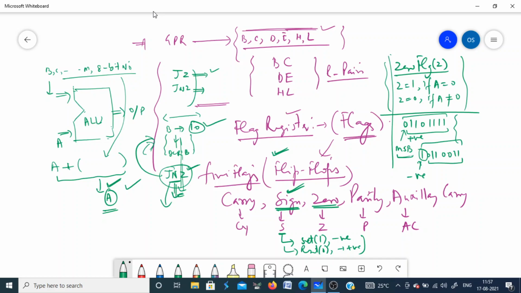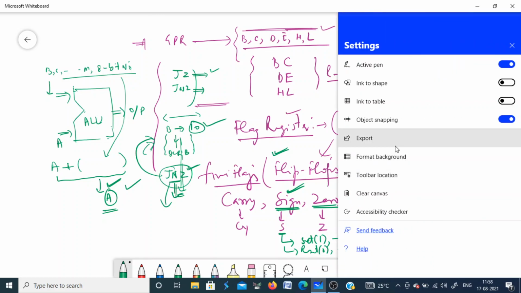But one more important application of this flag that I would like to discuss is when you compare two numbers. We have discussed the zero flag: it is set when the contents are 0, and if it is not 0, it is reset.